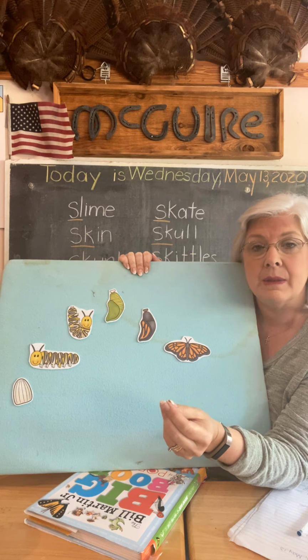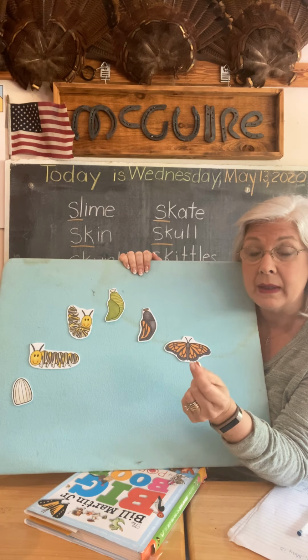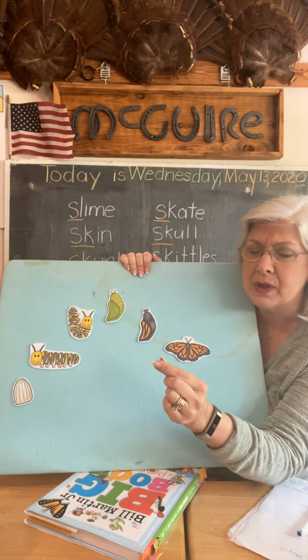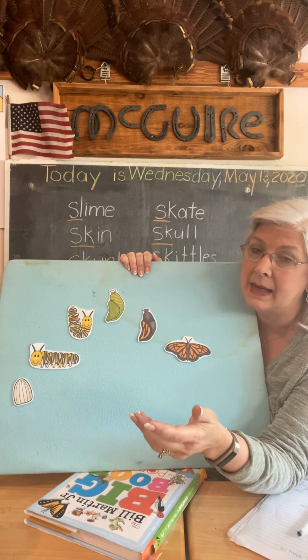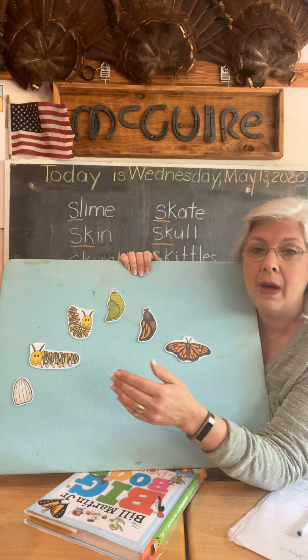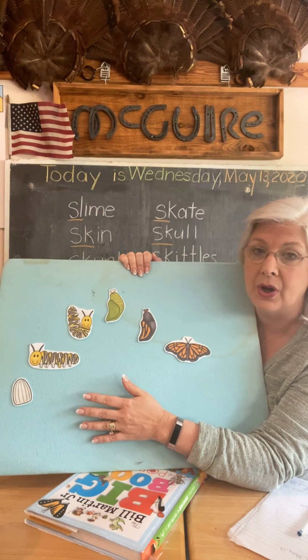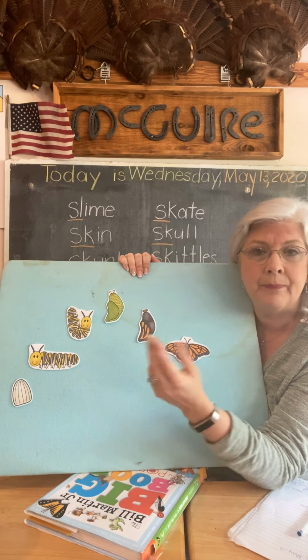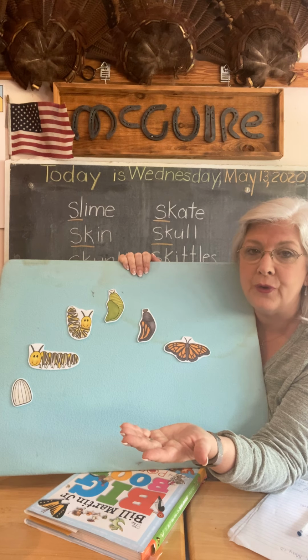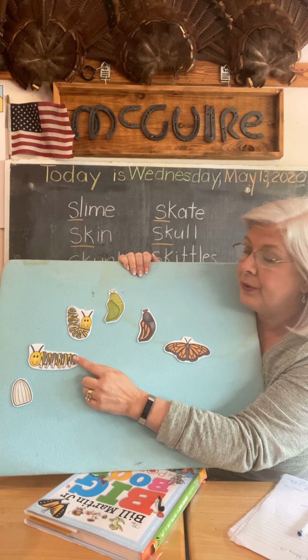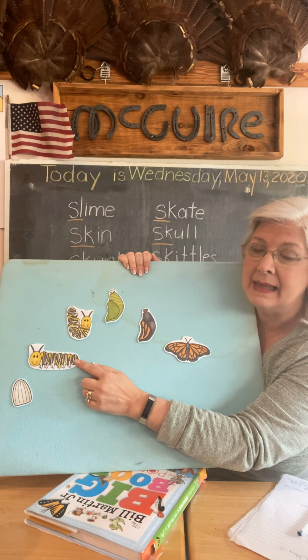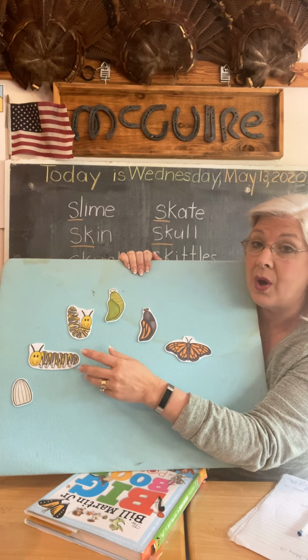And another thing is the mommy lays, because when caterpillars come out of their egg, they're so tiny. They can't crawl to anything else, or if it did, it would take them a long time. So the mommy butterfly lays the eggs on a leaf so that when they hatch, they're right there where their food is. Good thinking.